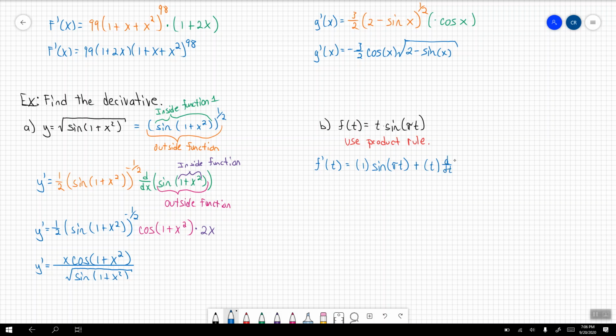And the derivative of the second function is where we now start having this chain rule process. So far what we did is we used the product rule. That's all we did here, is we used that product rule.